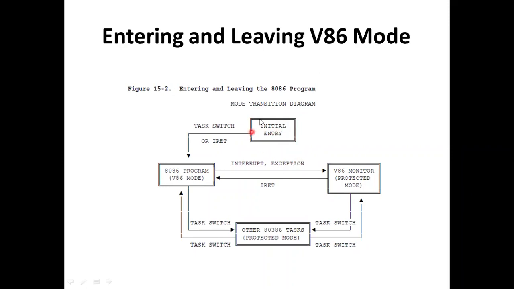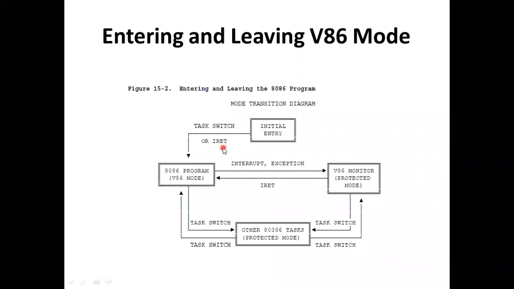So it will be an initial entry point, where due to task switching, due to mapping, or because of instruction flow, we need to make a task switch, or we'll have a specific instruction because of which we can perform the task switching.